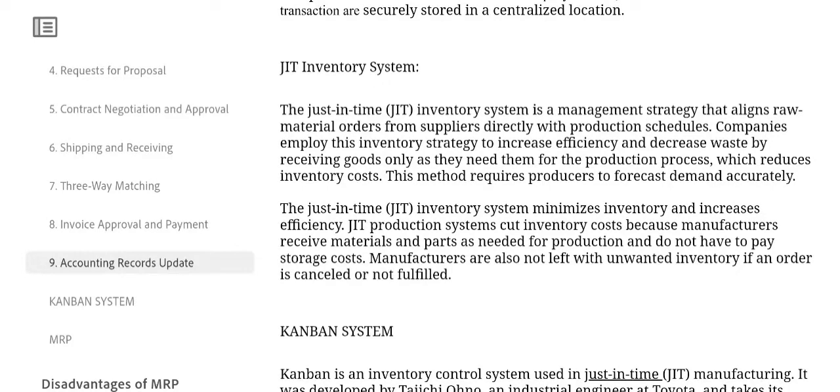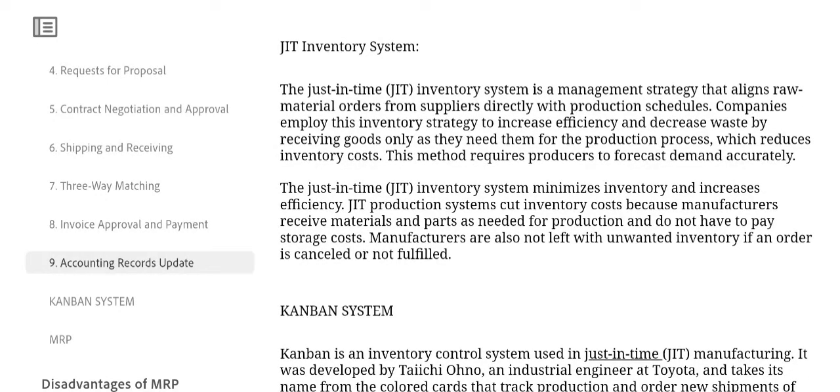Now, JIT is a management strategy that aligns raw material orders from a supplier directly with the production schedule. Companies employ this inventory strategy to increase their efficiency and decrease waste by receiving goods only as they need them for the production process. Which means what?